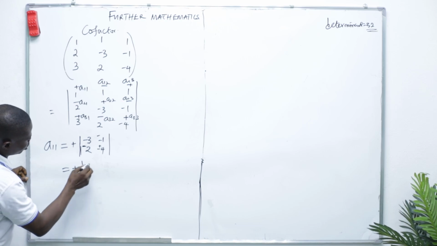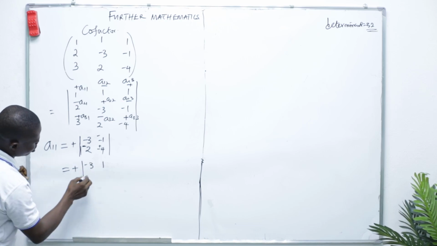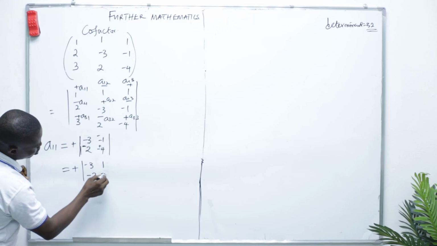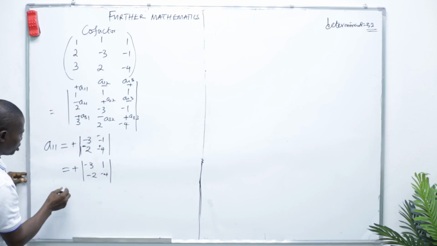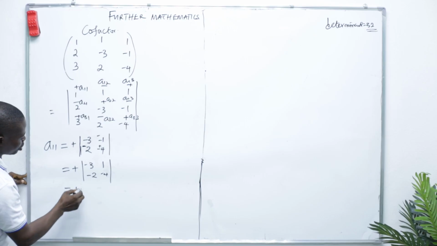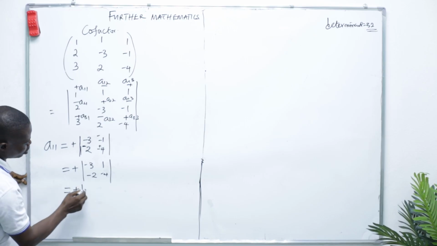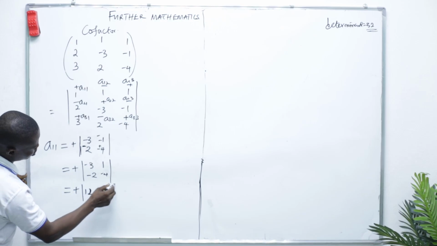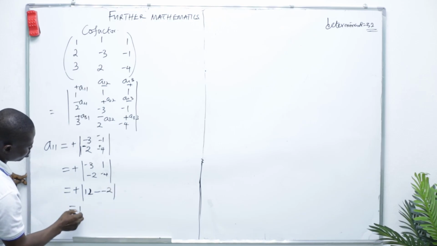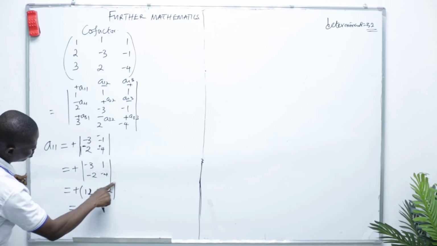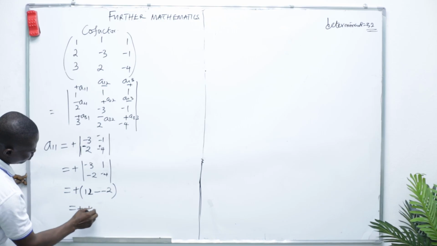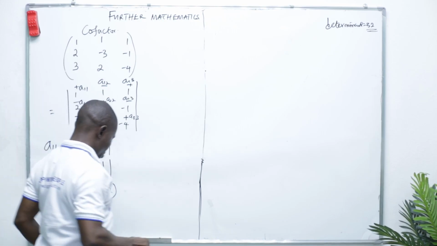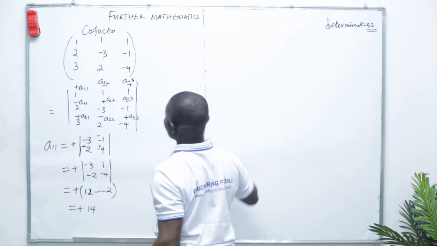Plus into this, minus 3, 1, minus 2, minus 4. I want to decide it. This is plus into this and this, 12 minus 2. This will give me plus 14. I have A11 as 14.